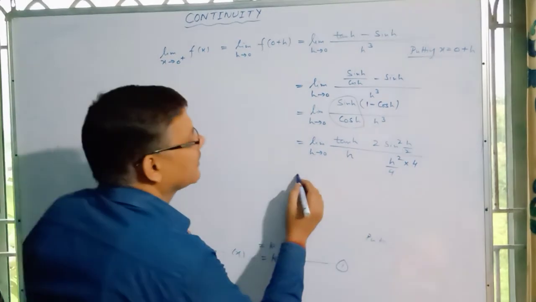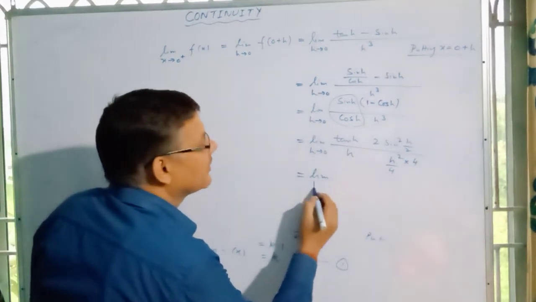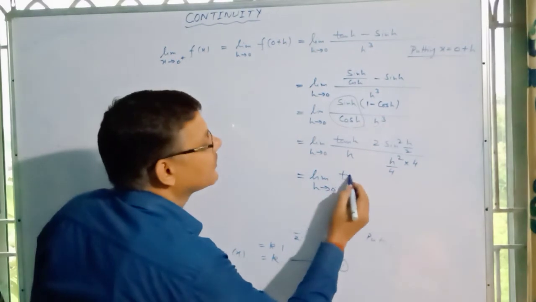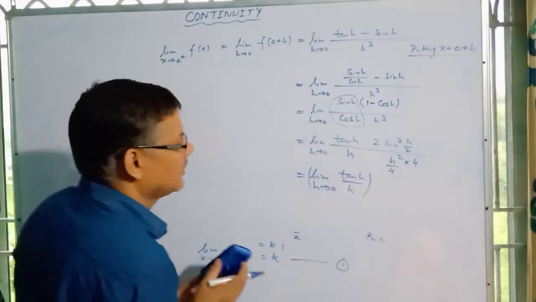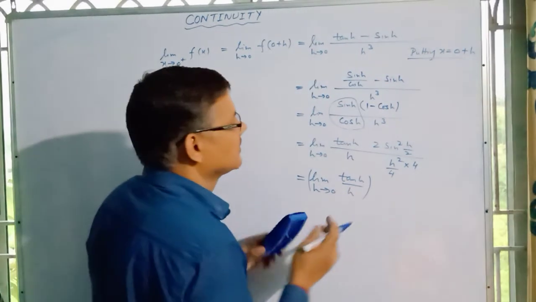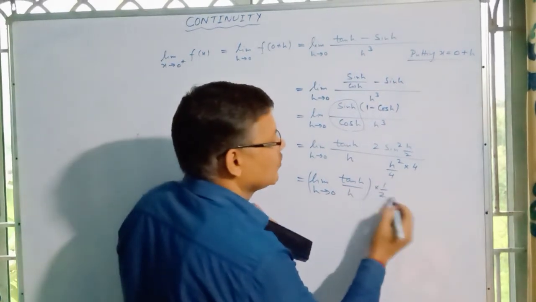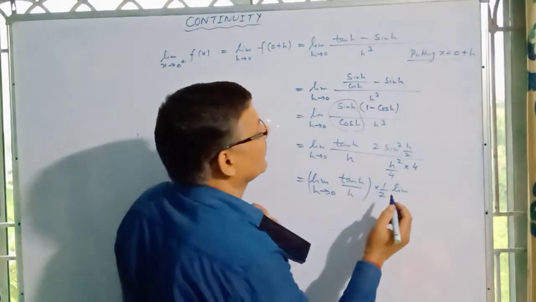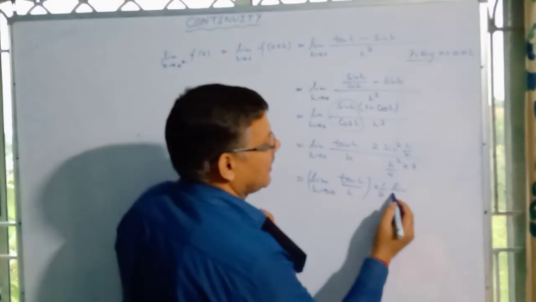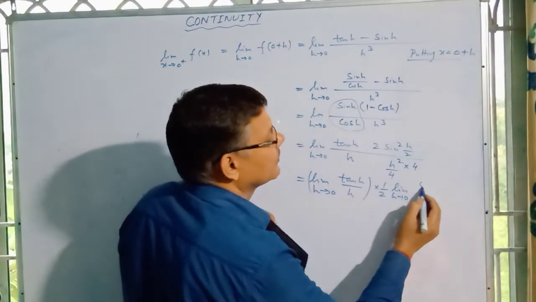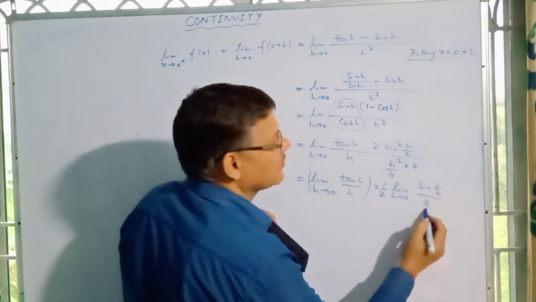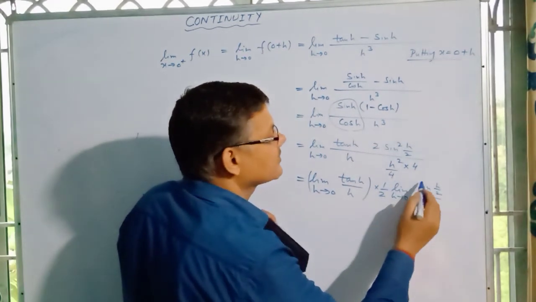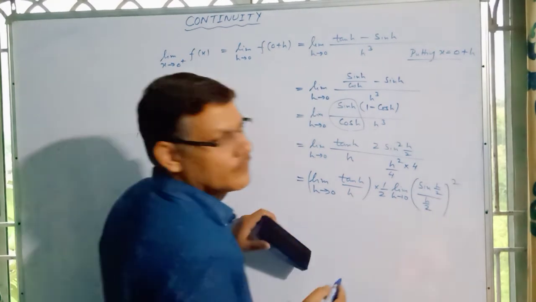Now it can be written as limit h tends to 0 of tan h by h, part number 1, and 2 by 2 into 4, that is 1 by 2, and limit h tends to 0 of sine h by 2 divided by h by 2, squared.